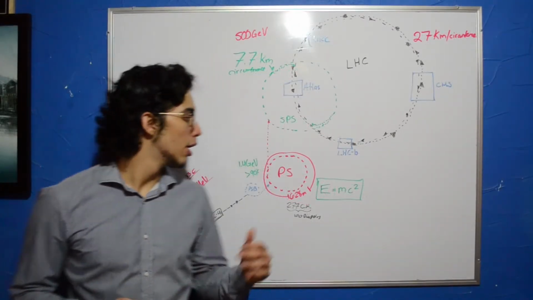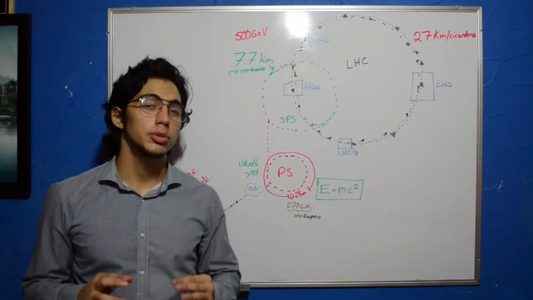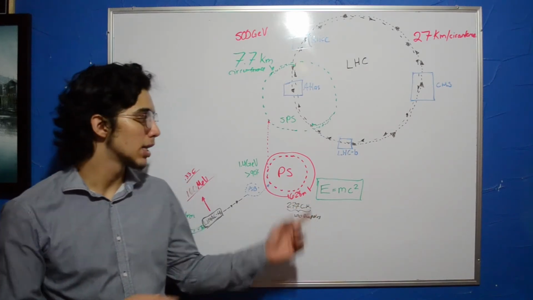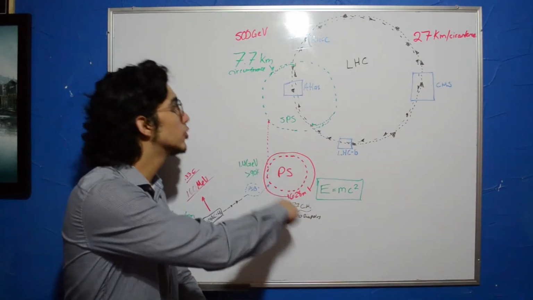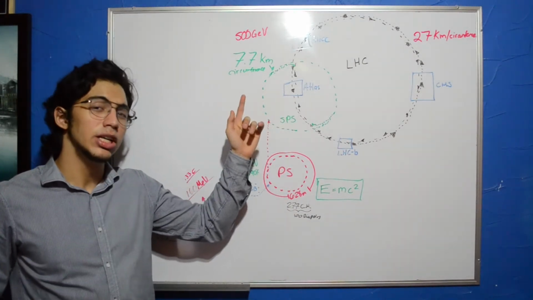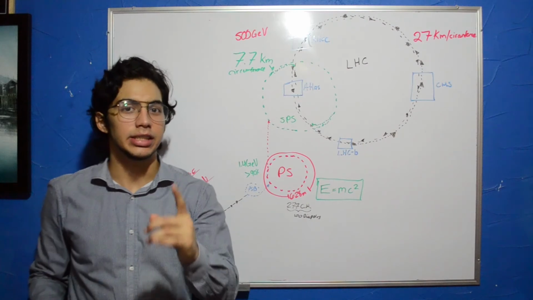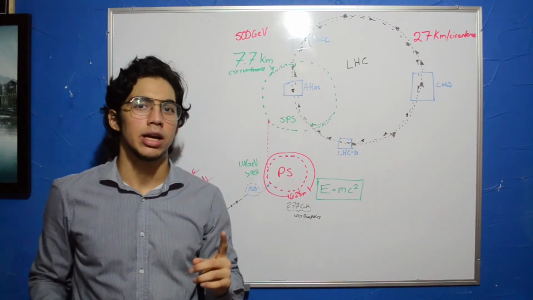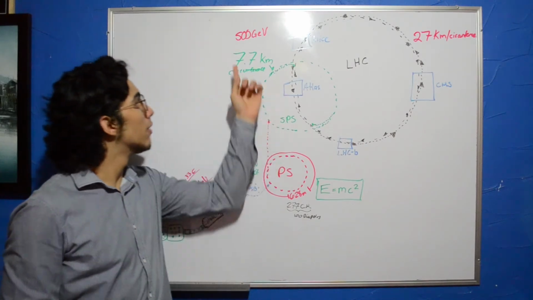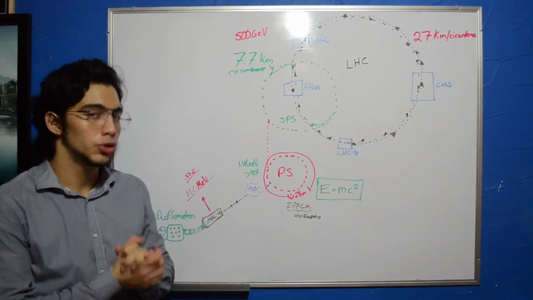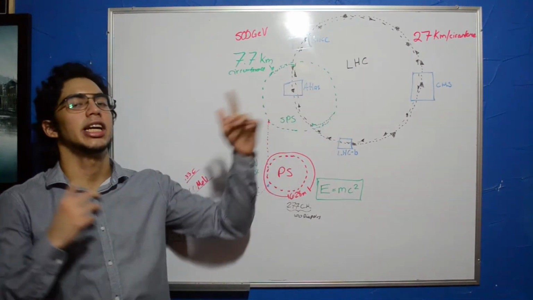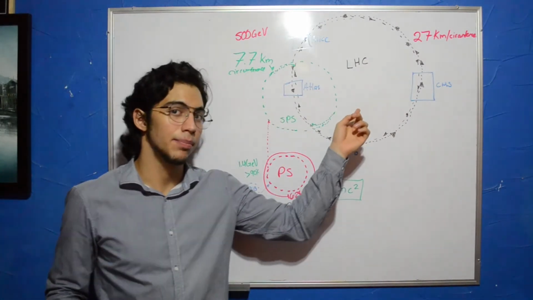At this point, protons will reach almost the speed of light. Consequently, they will start increasing in mass. So they will be sent into the super proton synchrotron, a 7.7 kilometer circumference ring that is able to accelerate protons to an energy peak of 500 gigaelectronvolts. Soon, these protons will finally be launched into the gigantic orbit of the LHC.